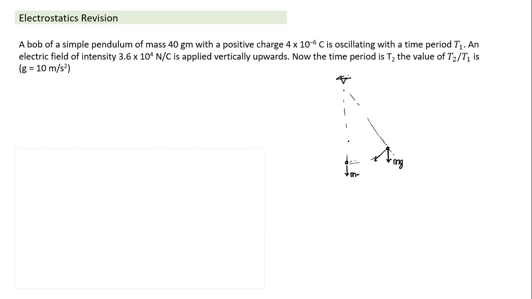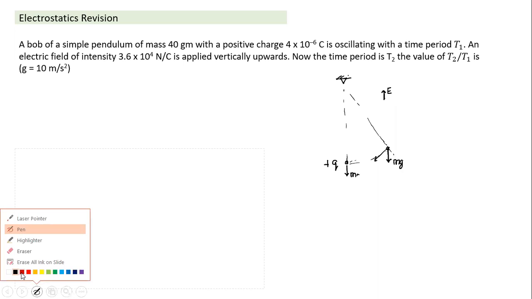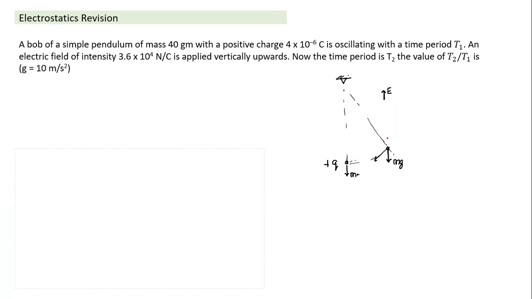Let's look at this particle, which in addition to mass also has a charge. It has a positive charge, and there is an electric field of intensity in the vertically upward direction. So E is acting in the vertical direction. What happens in addition to mg? Now one more force starts acting. What is that force? QE.